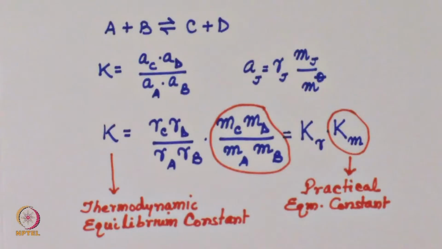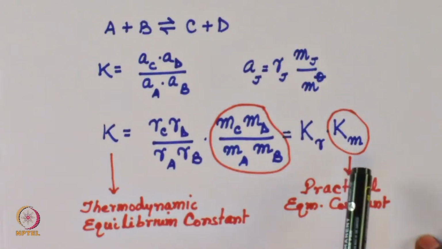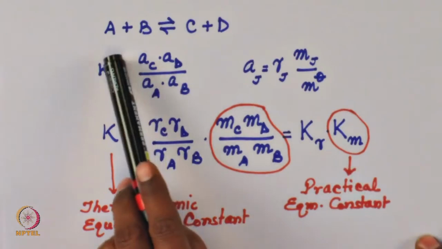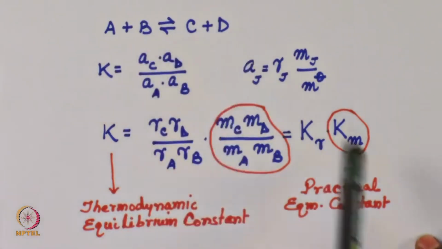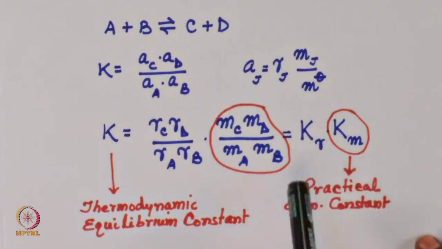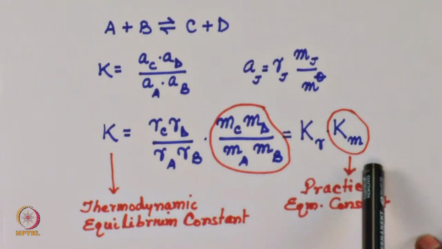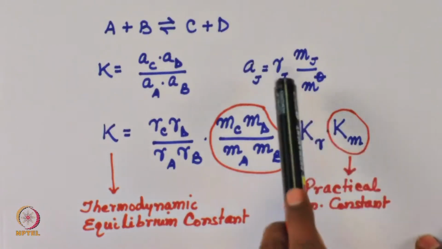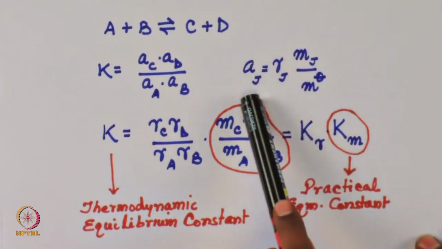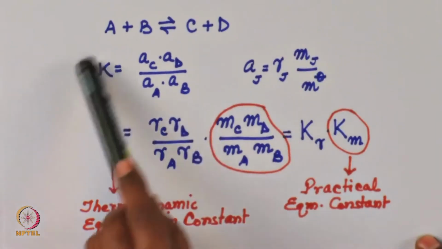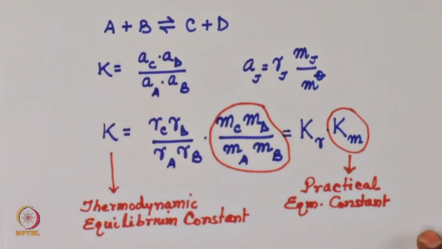Thus, for example, if I express Km in terms of molality, and if the stoichiometric numbers on both sides are not the same, eventually Km will come up with a unit. But since we get rid of the unit by introducing m naught and expressing in terms of activity, the overall value of K is a dimensionless quantity.